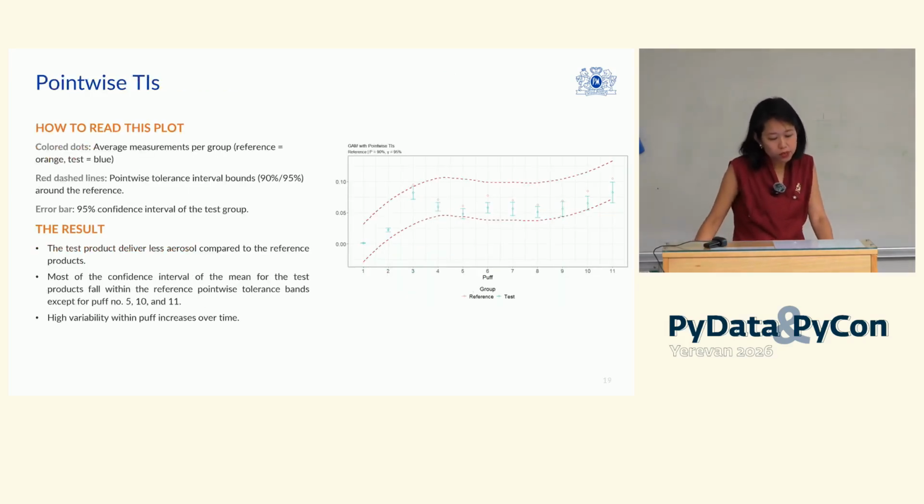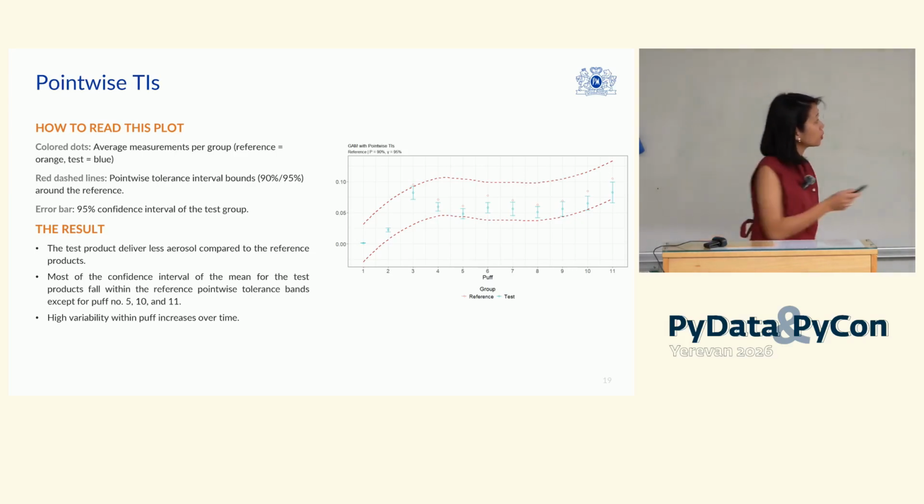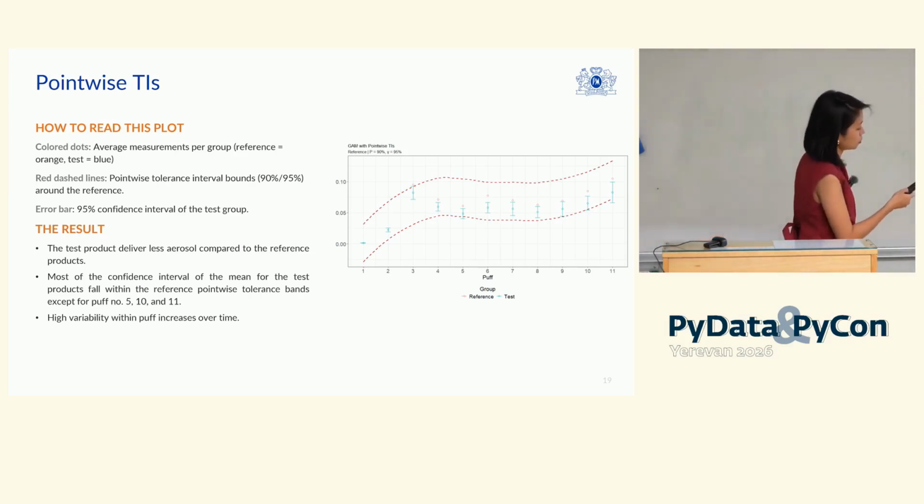So now we take two different kinds of approach. The first one is this point-wise tolerance interval, where you are estimating a tolerance for each of these puffs. So you don't really treat the data as a pattern. You are just fitting, for example, for the first puff, what is the range of my tolerance interval, the second puff, and so on.